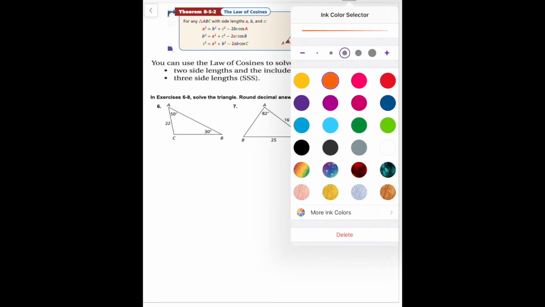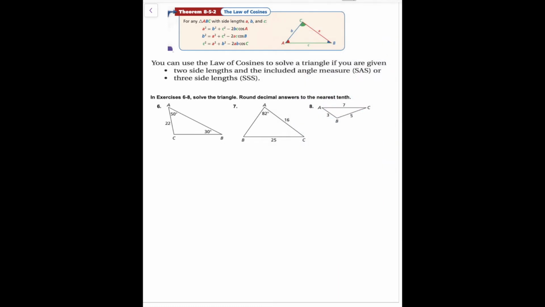So in this triangle ABC, number 6, they gave you two angles and one side. Two angles and one side.